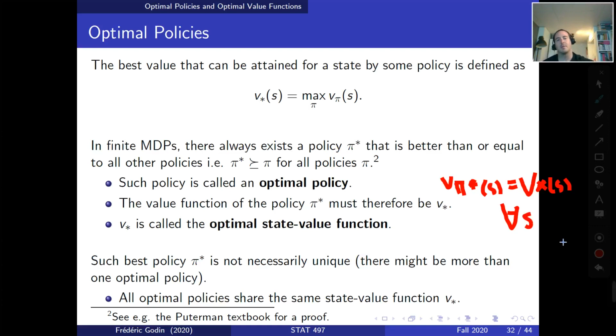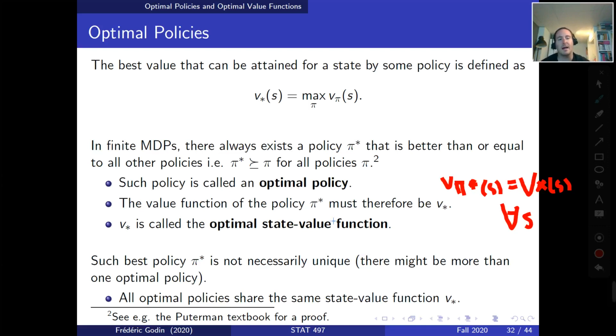Because of that result, we typically call v star the optimal state value function, and this v star is the state value function of a given policy, and that given policy is pi star, the one that is known to exist and give a higher value to all states.